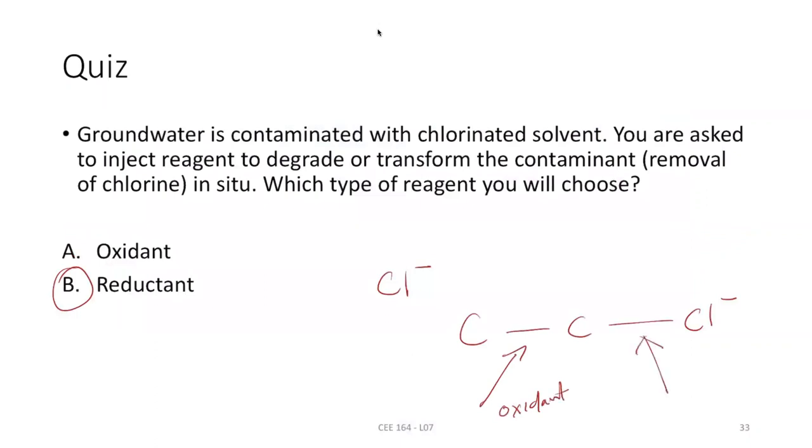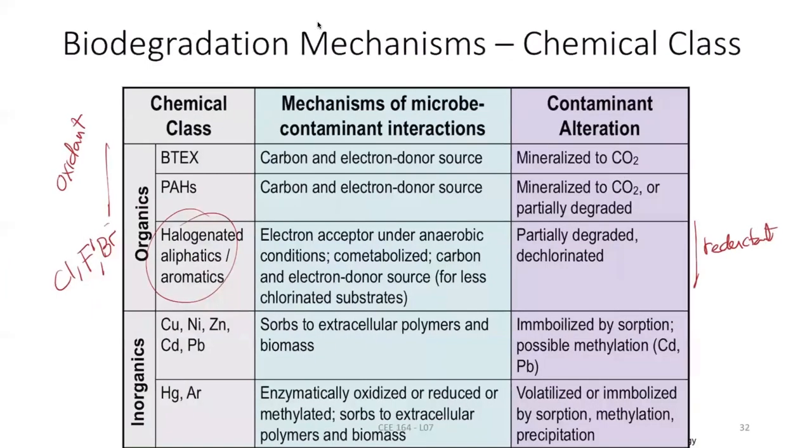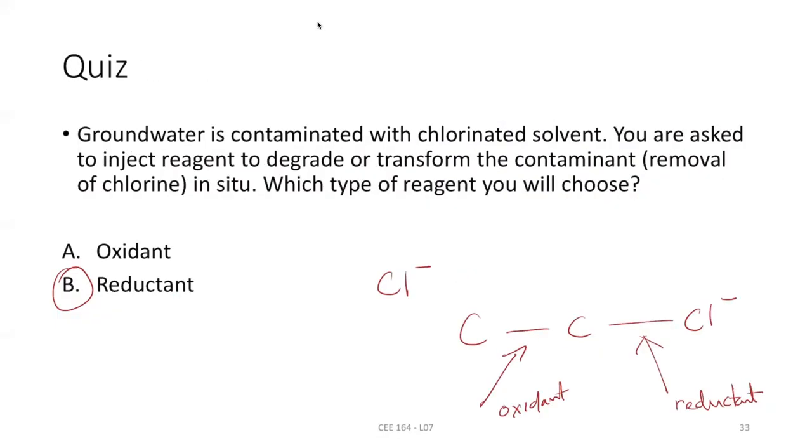If you just want to remove chlorine, the reductant will attack this bond. Okay, so that's all in terms of the basic idea of bioremediation. Next class, we are going to design in the real world to see how you can optimize the degradation. For now, I think this is just the background.